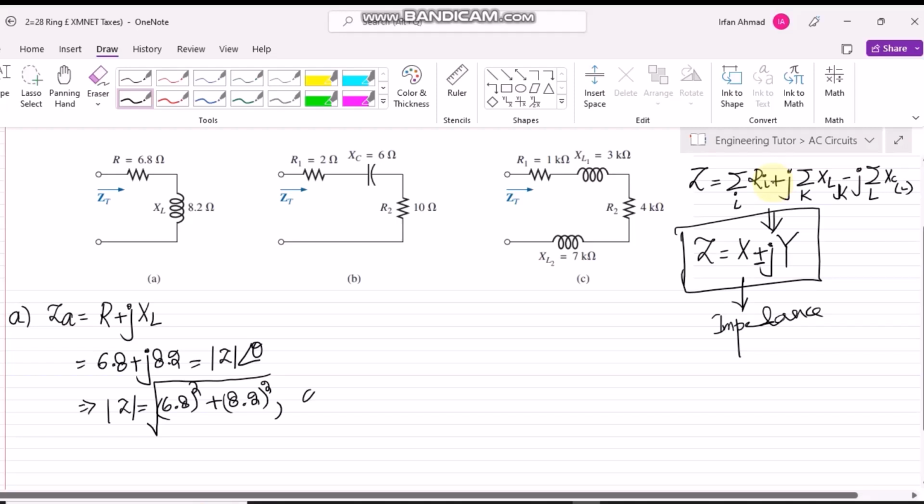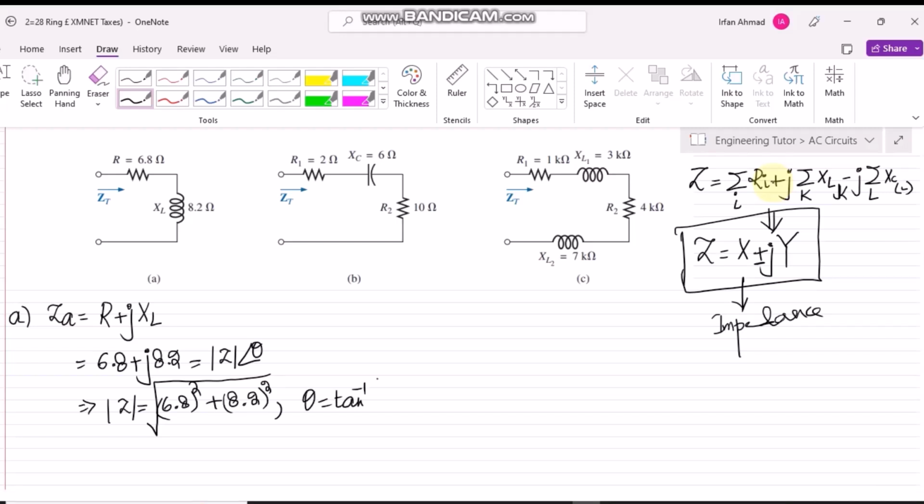Similarly, theta is equal to the tangent inverse of y by x, and that is 8.2 divided by 6.8. In this manner we can calculate the values of Z and theta and put them here, and that would be in the polar format. So both of the formats.